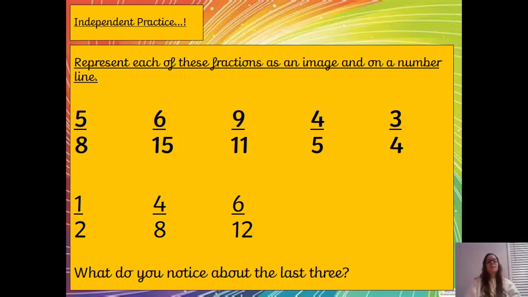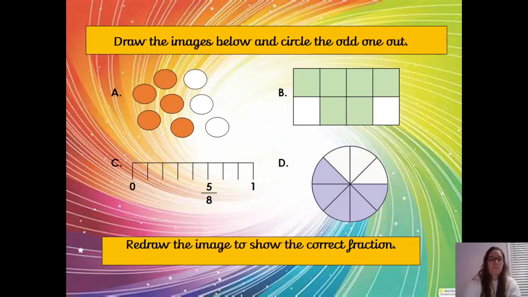Okay, so some independent practice time. All I'd like you to do today, because you've been doing lots of work in your books already, is to represent each of these fractions as an image and on a number line. So just like we've been doing, we looked at the pictures. So if we go back quickly, you can choose to draw dots or blocks like this, or segments in your wheels and your circles.